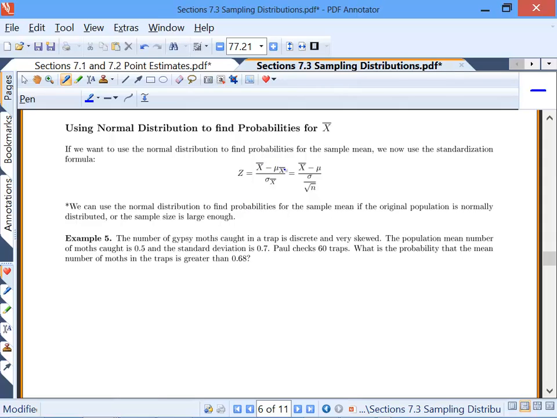So you need to subtract the mean of x bar and divide by the standard deviation of x bar, which ends up being the formula x bar minus mu over sigma over the square root of n. So this is our new formula. Make sure when you find any probabilities with the normal distribution that you use the correct formula based on what you're working with. Now, we can only use this formula if the original population is normally distributed or my sample size is at least 30.